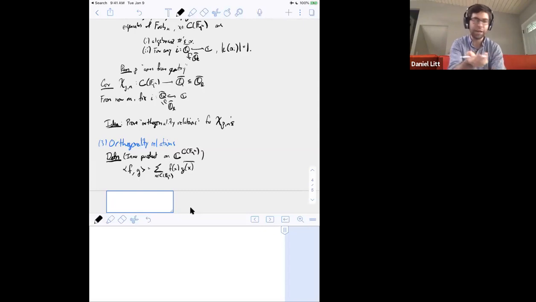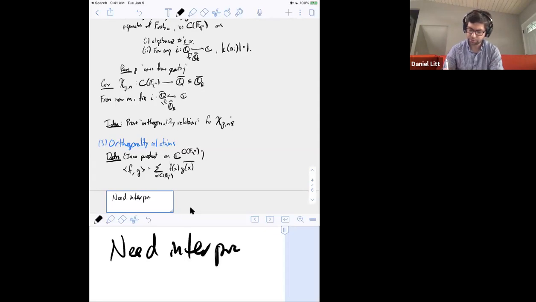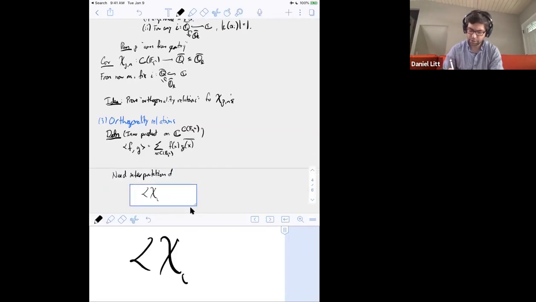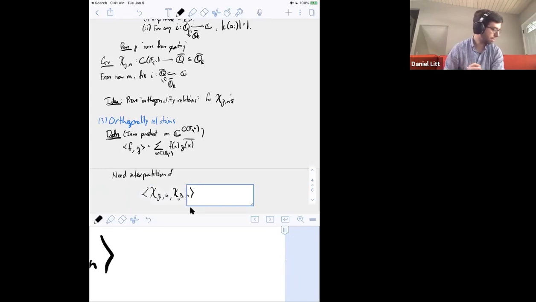In order to do that, we're going to need some interpretation of the inner product of two of these characters, chi rho 1n and chi rho 2n. So what is this?